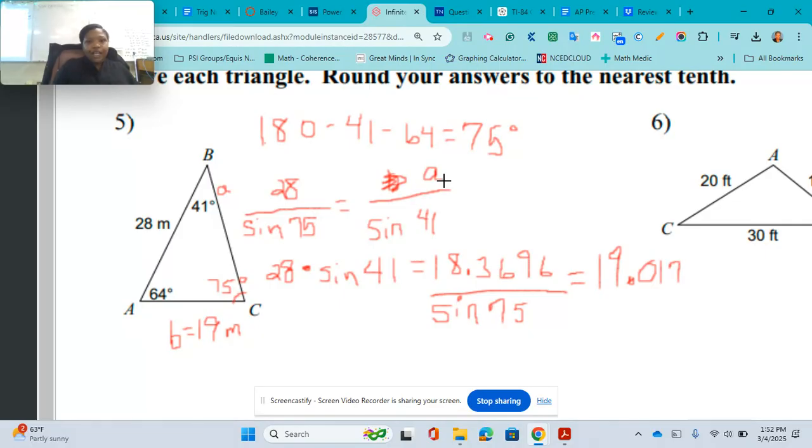And A will be over the sine of what? 64. So now erase this. Scribble, scribble, scribble. 64.